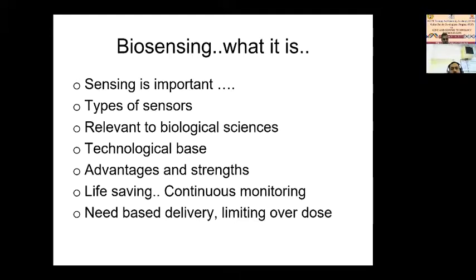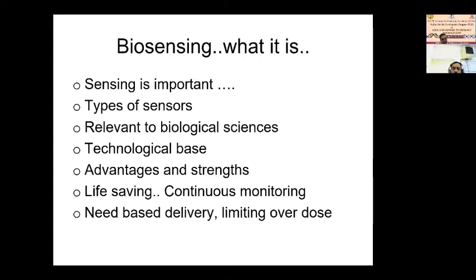Then we come to the types of sensors. There are many types of sensors, whether electrochemical, visual, SPR type, amperometric, or heat sensors, impact sensors, acoustic sensors. There are several types of sensors.